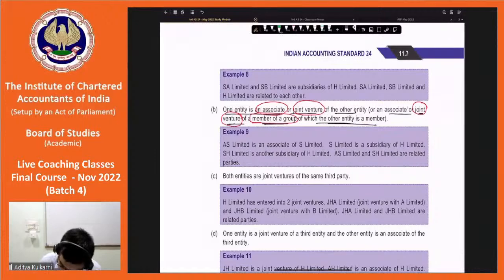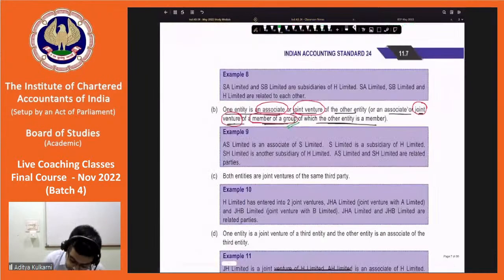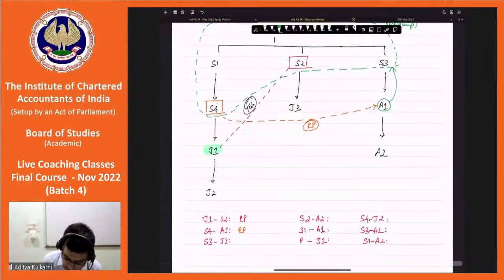An associate. If one entity is an associate of a member of the group, is A1 an associate of a member of the group? Yes. A1 is an associate of a member of the group, S3. And the other entity also should be a member. So S4 is already a member of the group. So will S4 and A1 be related? Yes.